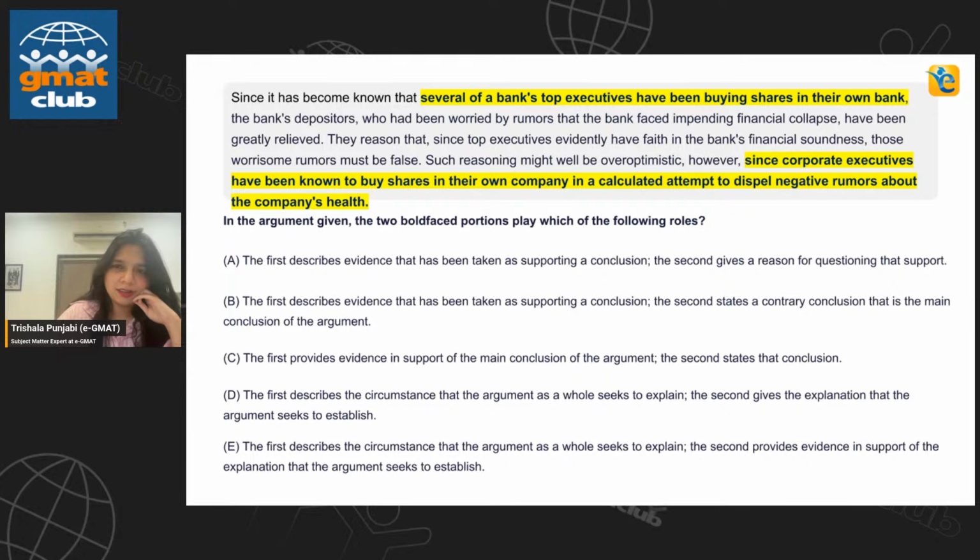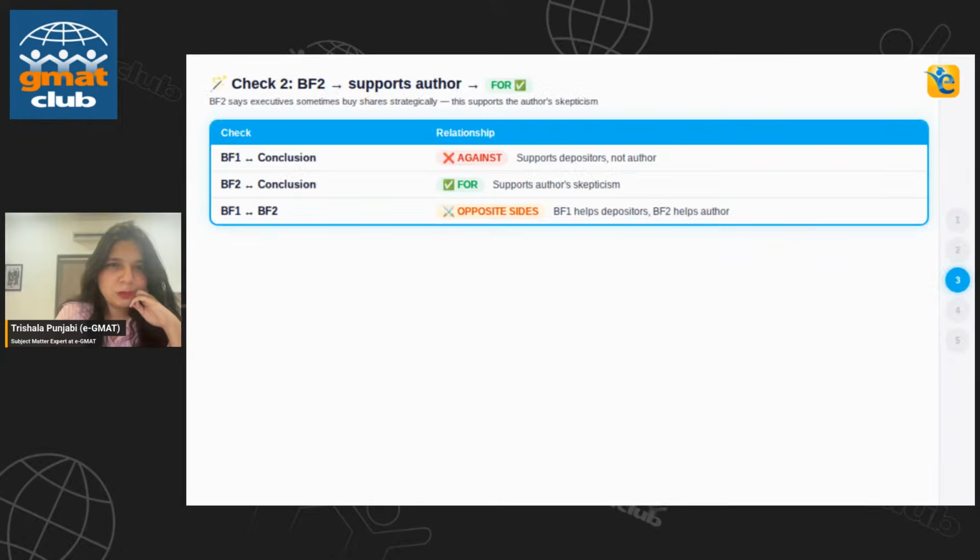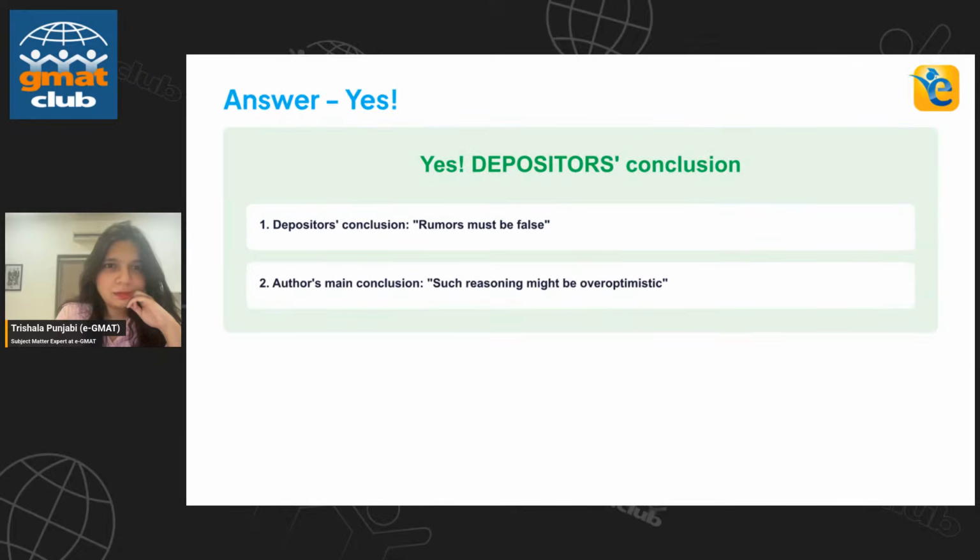Why did you pick D? Love to know your reasoning. D, A. Okay. While you put your reasoning down, I'm going to go a little bit.